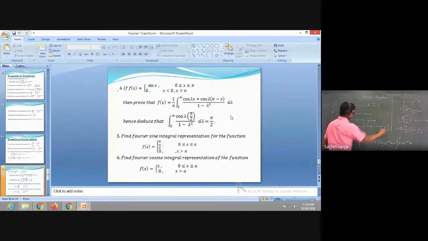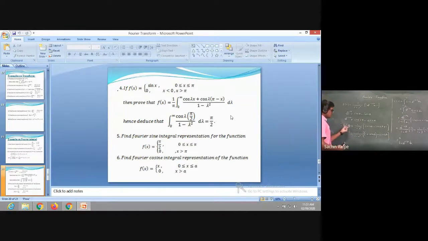I can combine the real part: 1 plus cos lambda pi is a real term, and i sin lambda pi is the imaginary term, in the form of a minus ib or a plus ib. Please don't get confused with this. So this is my simplified f of lambda.